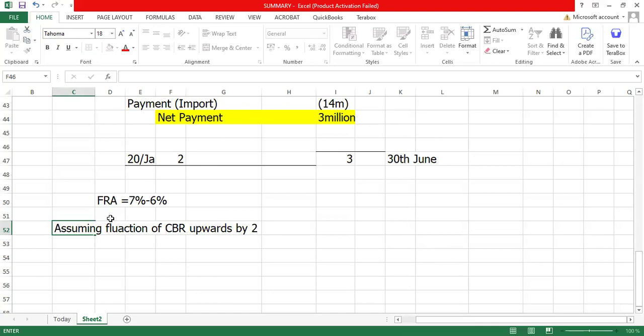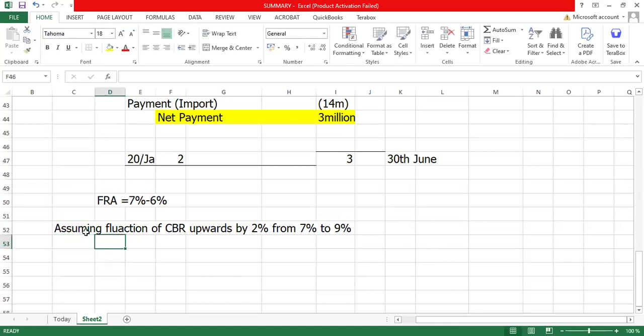If the CBR rate increases by 2%, initially we had 7%, so it is from 7% to 9%.